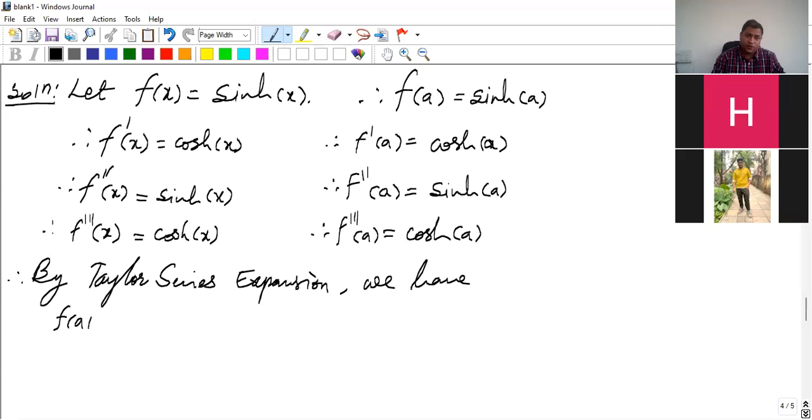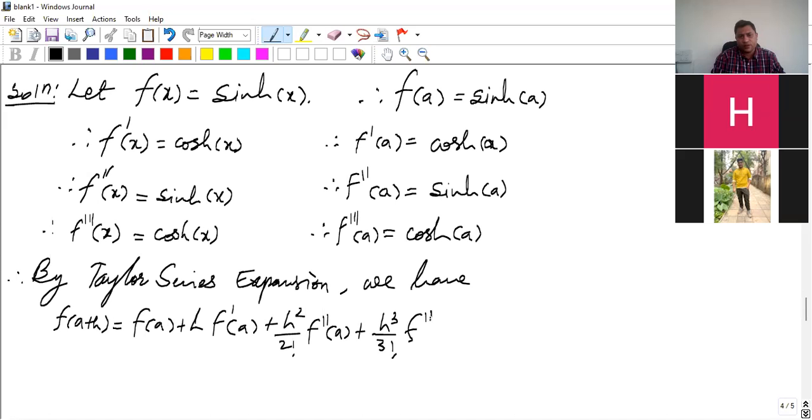What is the formula we have? f of a plus h is equal to f of a plus h times f dash at a plus h square by 2 factorial f double dash at a plus h cube by 3 factorial f triple dash at a and so on.